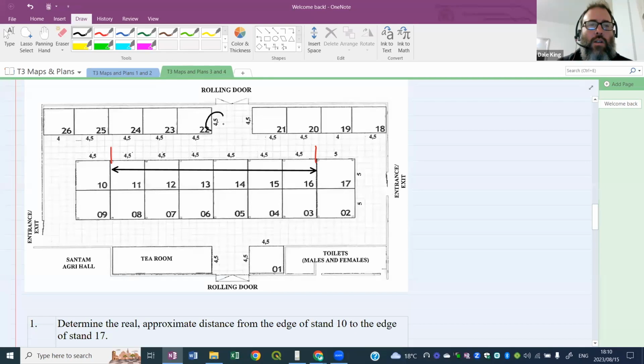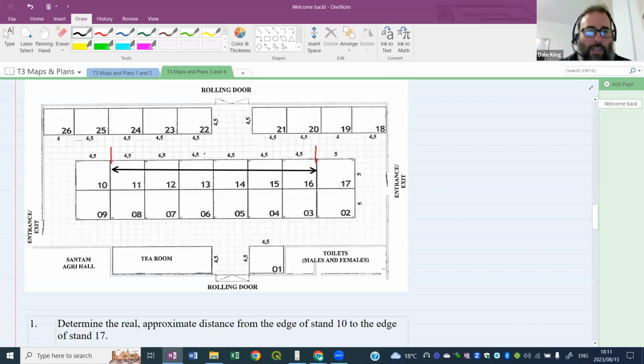Remember these little markings here, the 4,5 and the 4,5, those are all distances in meters. Emmanuel, there's my somebody. Oh, sorry, Emmanuel, I muted you, I think. There we go. Hey, somebody? How are you, sir? I'm good, thanks. And how are you? I'm good.